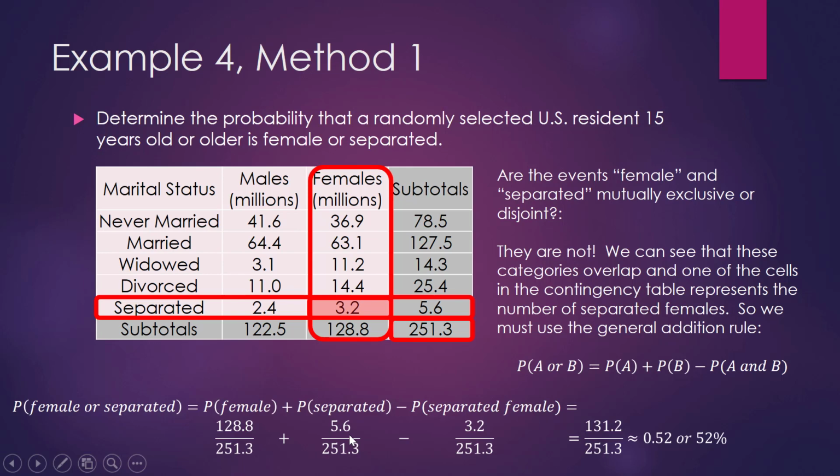Then we have 5.6, that's the total number of separated people, over 251.3. And then we need to subtract off this crossover, this pink cell right here, which is 3.2 over 251.3. Doing that math, we get 131.2 over 251.3, which is about 52%.